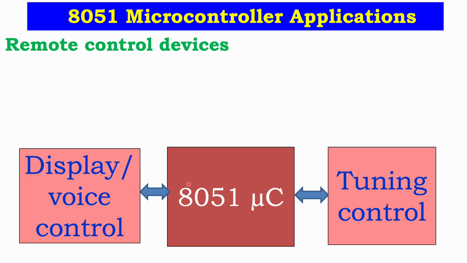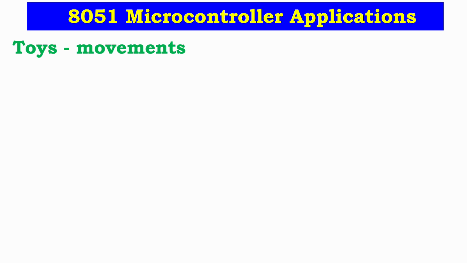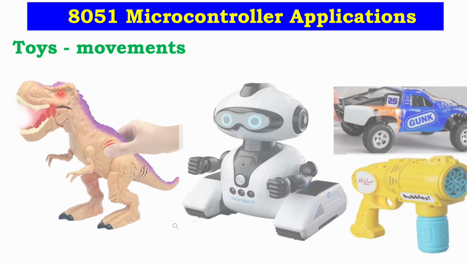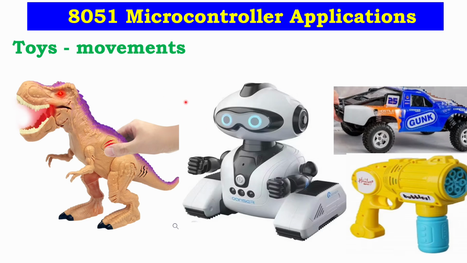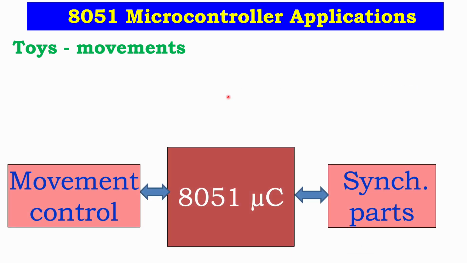The voice is tuned properly in the device and it can control whatever device we require. Toy movements: in the market we observe many toys, for example dinosaur toys and robot toys. These also work with the 8051 microcontroller, which is very widely used in toy movements.